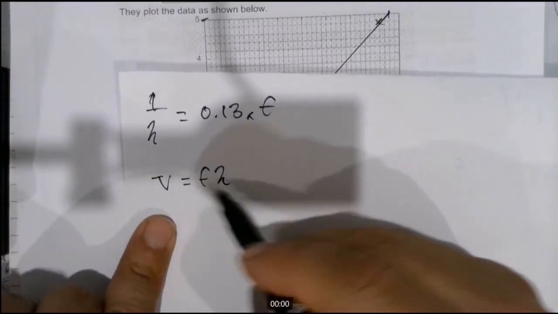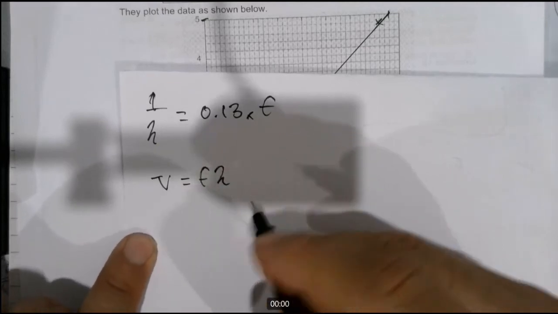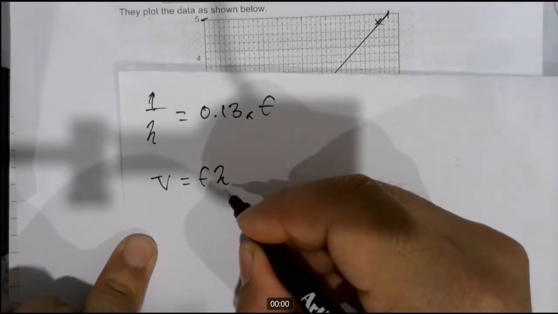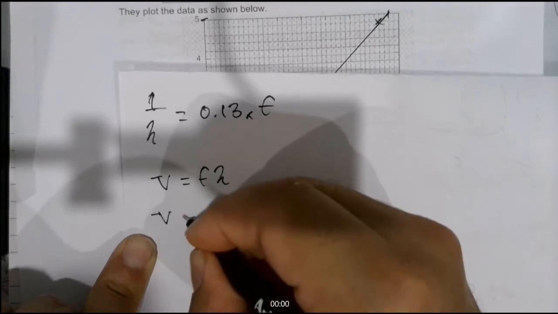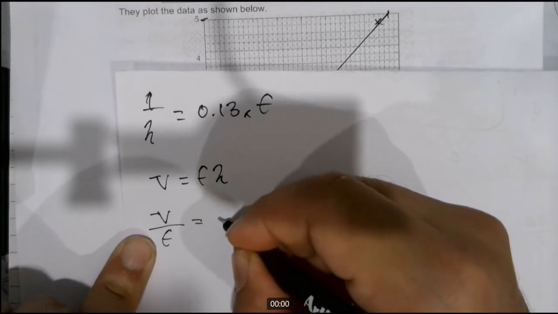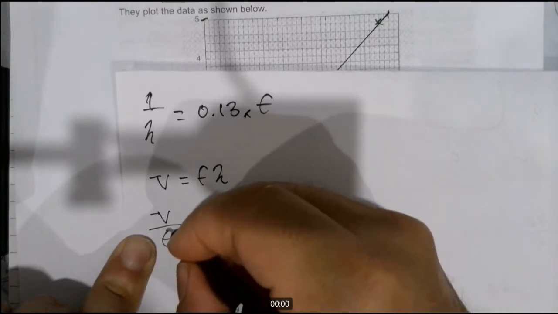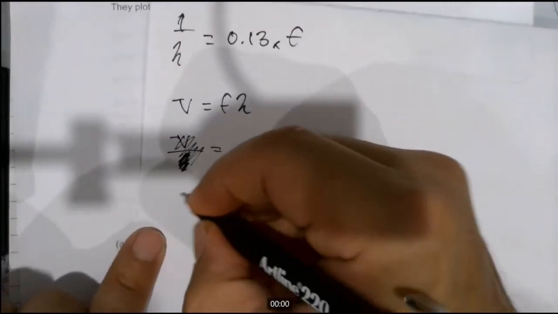So how can we make this look like that? We will move wavelength to that side.